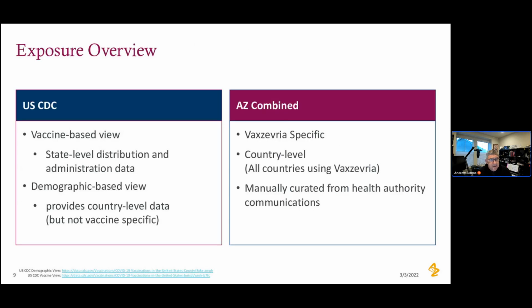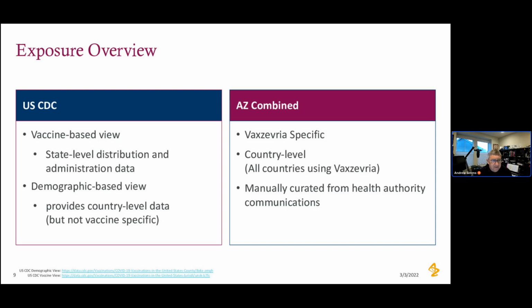Let's move on. So, quick overview of exposure data. So this is again who received vaccines. In the US, it's a vaccine-based view. There's state level distribution data and administration information. So basically which vaccines were administered. It's a big roll up from a county level, but really the state level distribution is what we analyzed.